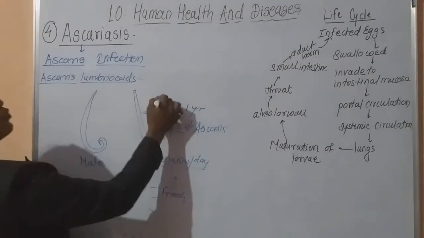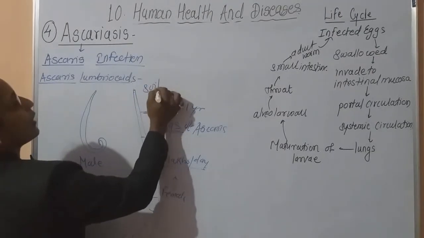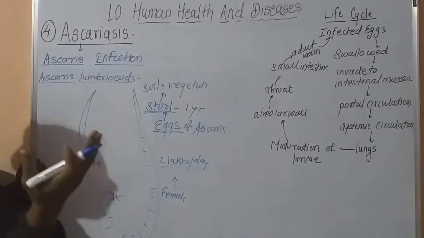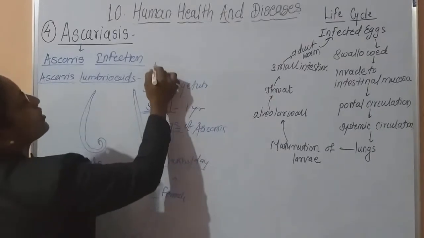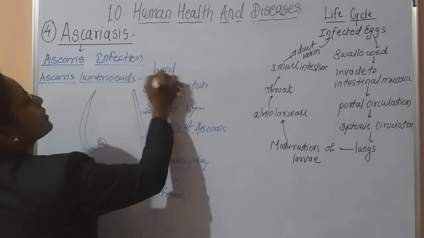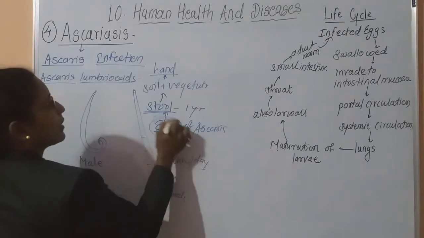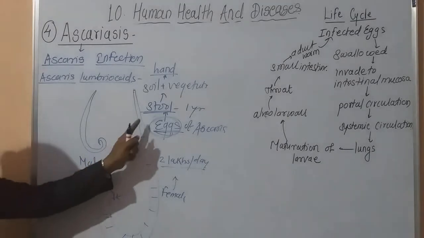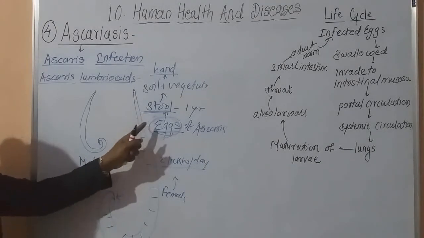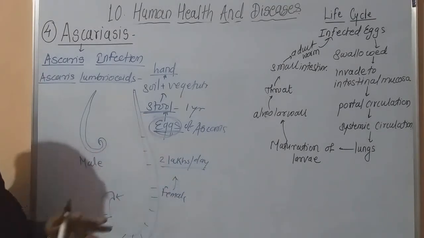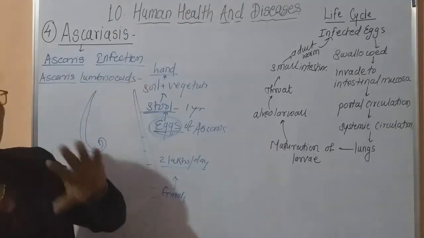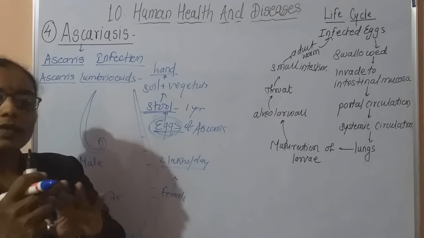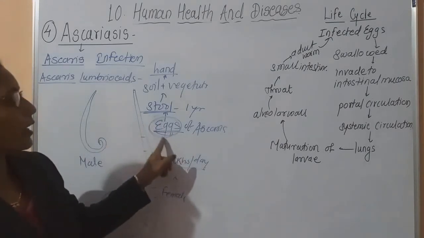And if this stool is mixed into the soil or into the vegetation, or sometimes our hands, small children's hands, they are always infected with the eggs. Okay, means due to the mixing of fecal matter or stool in the soil, also in the infected vegetables, or also the small children's hands or nails growing larger, inside these nails also these eggs are present.